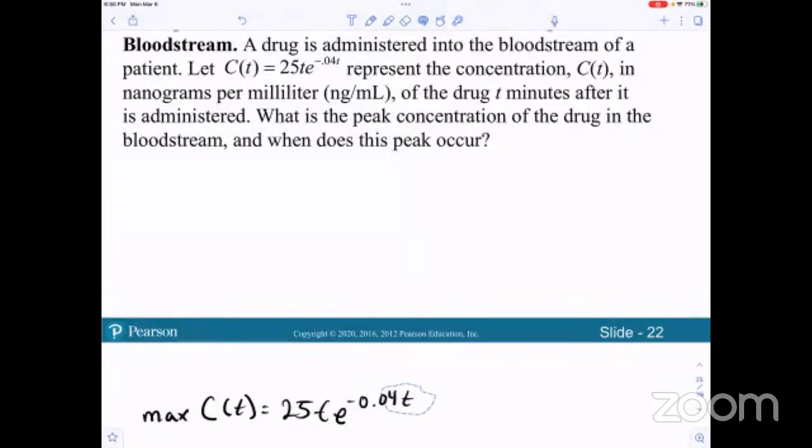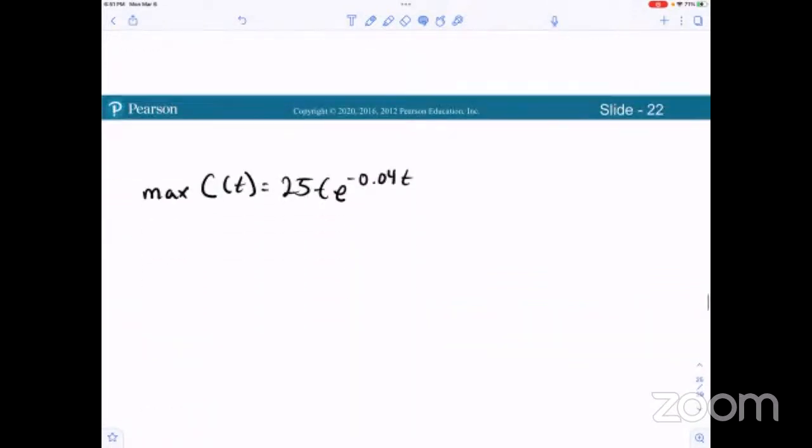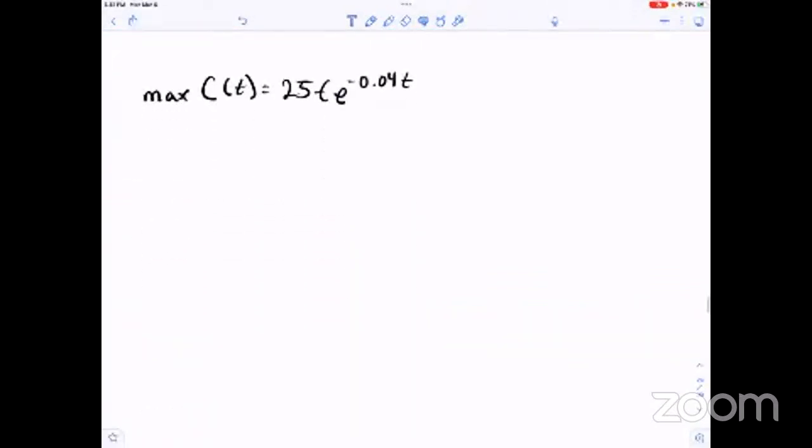All right, so in other words, what we're going to do is take the first derivative, set it to 0 and solve. So then our C prime of T, it looks like we got to use the product rule. The first, which is this guy, times the derivative of the second, e is its own derivative, times the derivative of the exponent, which is negative 0.04, right?